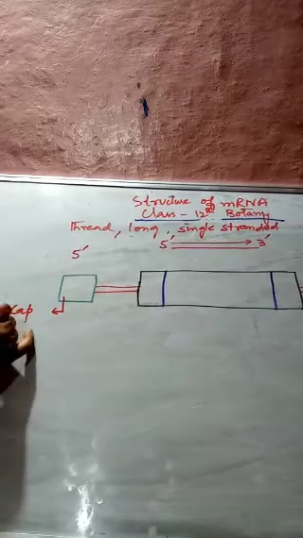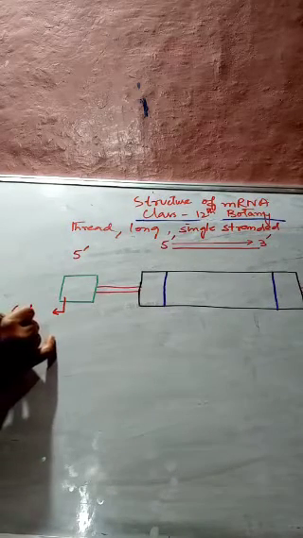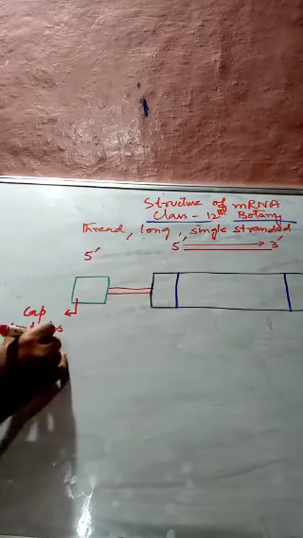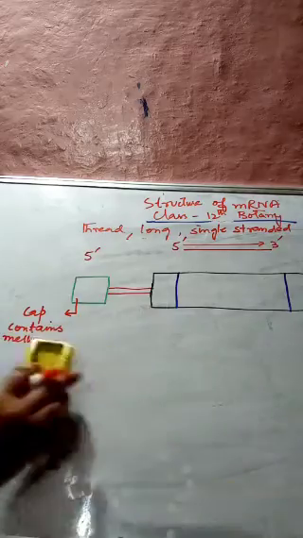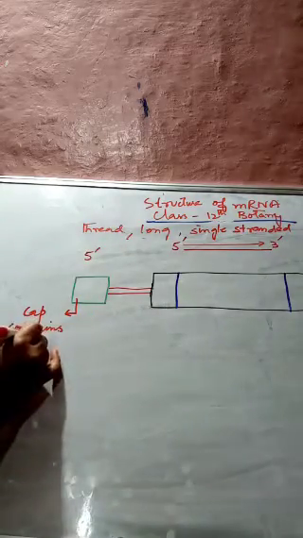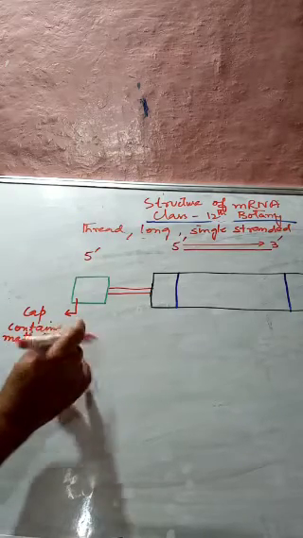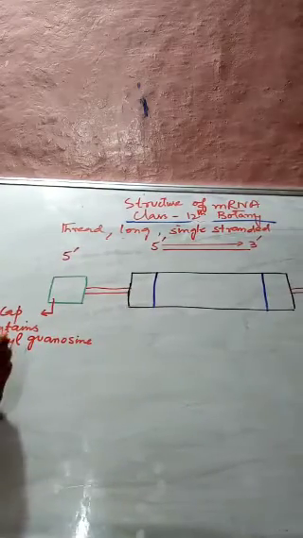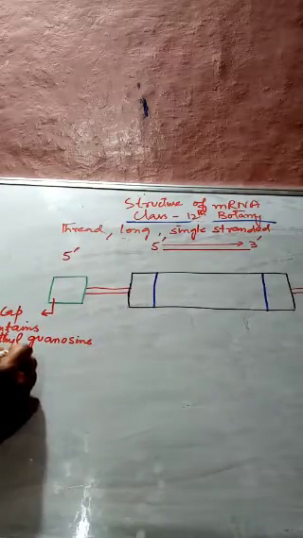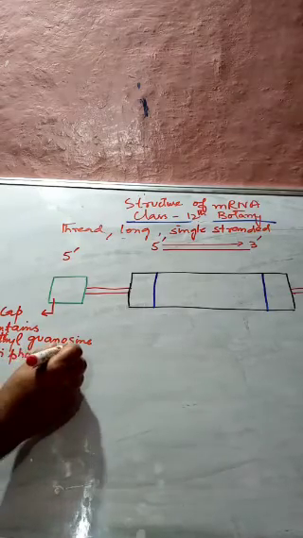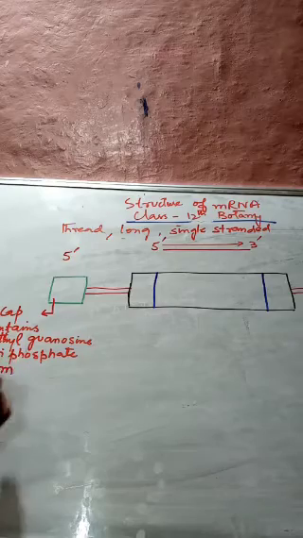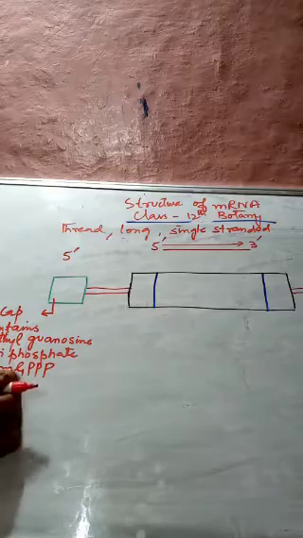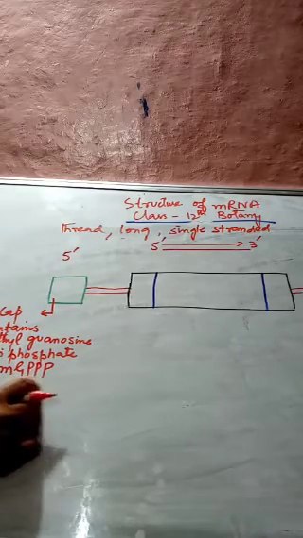This cap part contains methyl guanosine triphosphate, and it is simply written as MGPP. This is methyl, this G is guanosine, this is phosphate.